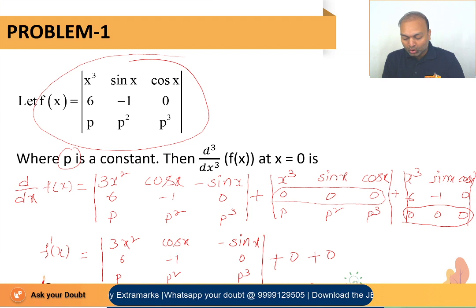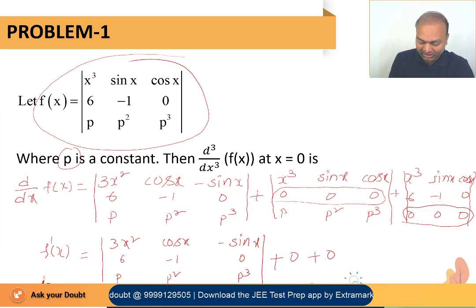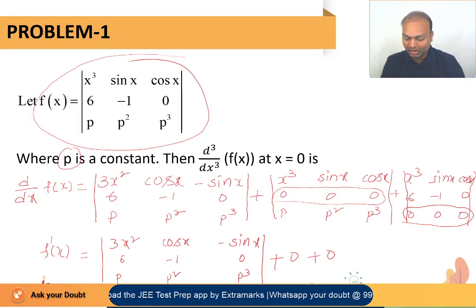Here, first row differentiation values I am writing. 3x square, the derivative of 3x square is what? The derivative of x square is 2x, 2x into 3, 6x. So here I am writing 6x. Next element, you observe this one, cos x.